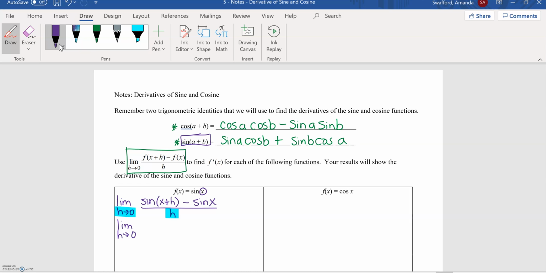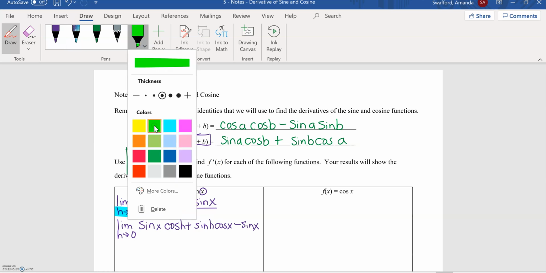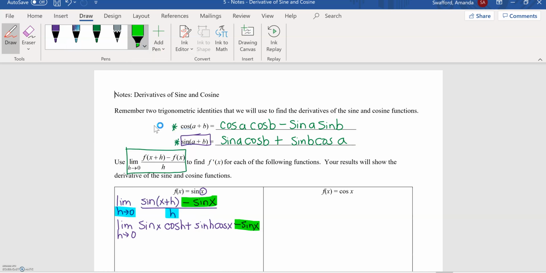Sine of x plus h will become sine x times the cosine of h plus sine h times the cosine of x, and then I'm going to bring down the minus sine x on the end. So keep in mind that that sine x is coming from this. I'm just bringing that down. And then everything else is the expansion of the rewrite of sine of x plus h.